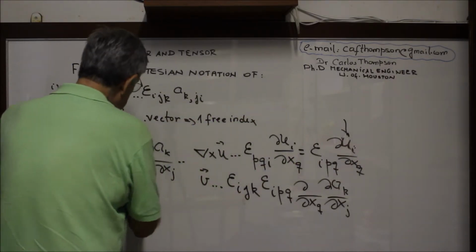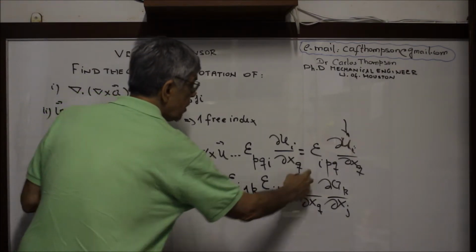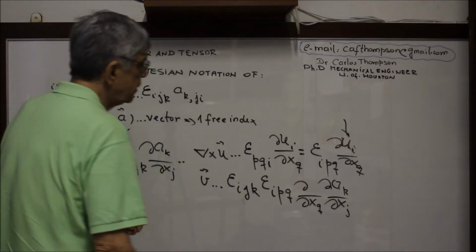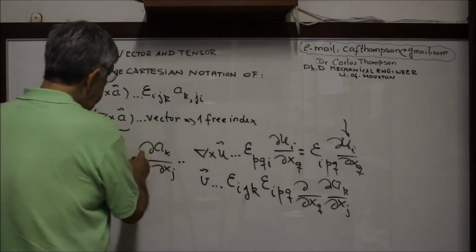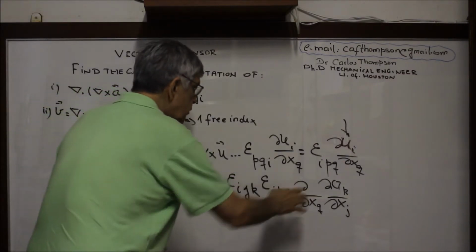Now epsilon ijk, epsilon ipq, partial with respect to x q of partial of A k with respect to x j. I just wrote that.